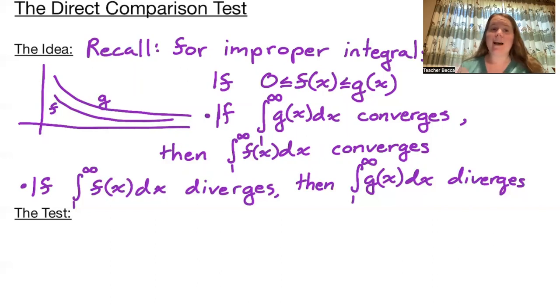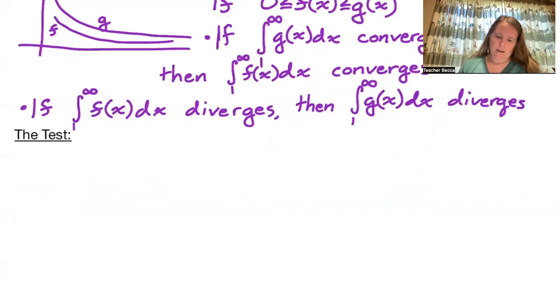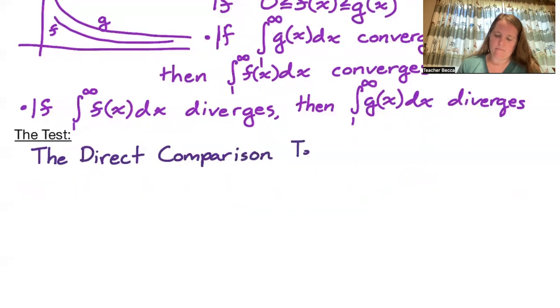So we have the exact same test essentially for sums. So for sums, the equivalent direct comparison test, the direct comparison test for convergence of a series is equivalent.